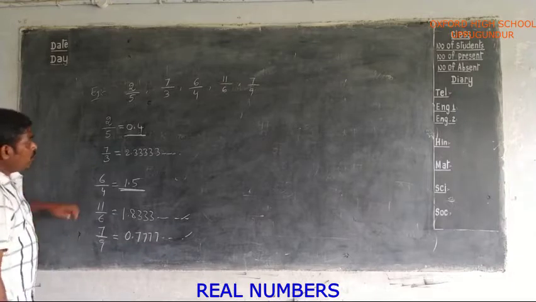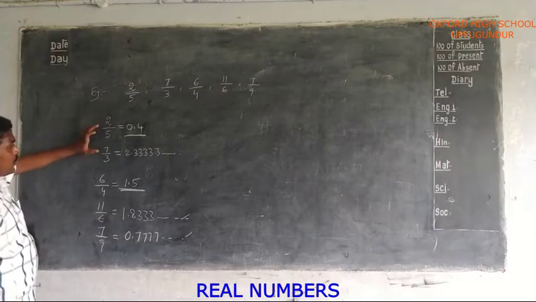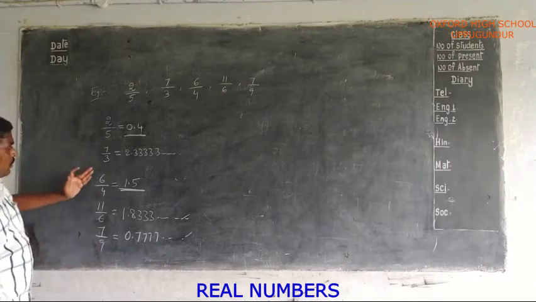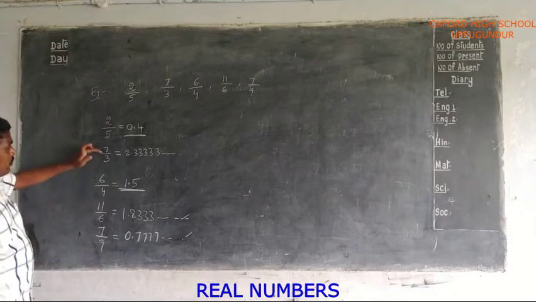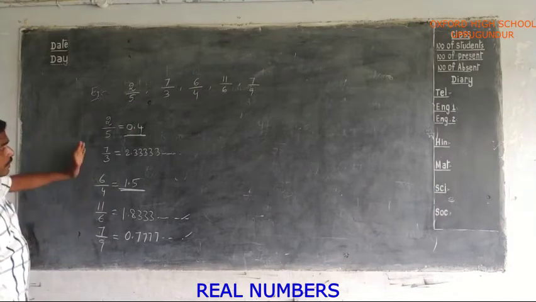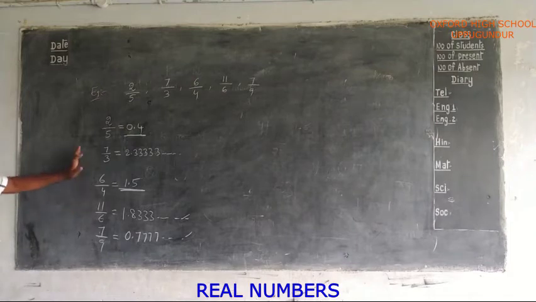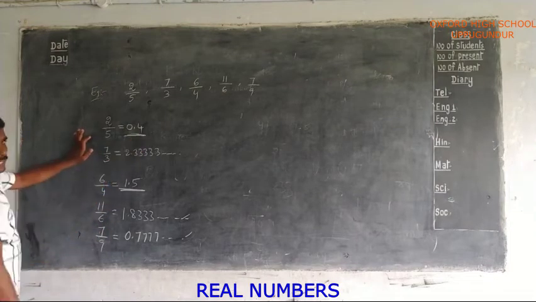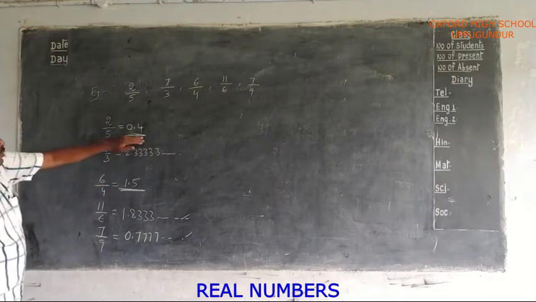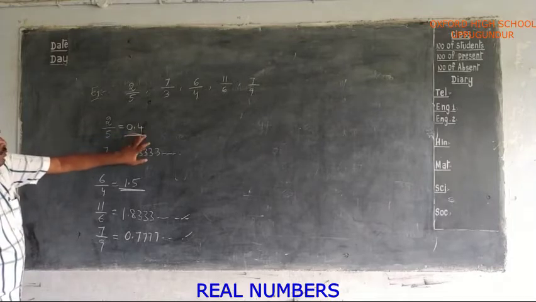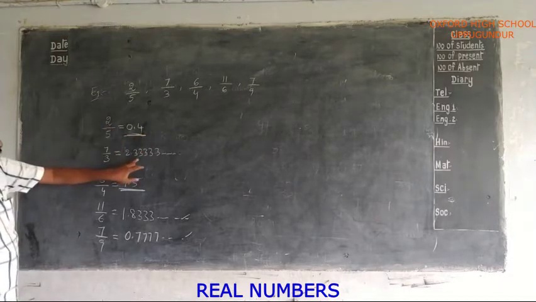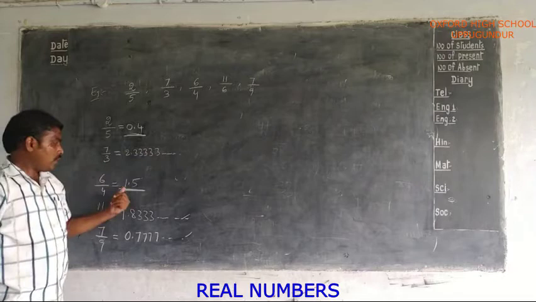After observing the decimal forms of all these 5 rational numbers, here it is terminating. That means after the point it will stop up to 4. Here 3 3 3 is continuing. Here it will stop up to 5.